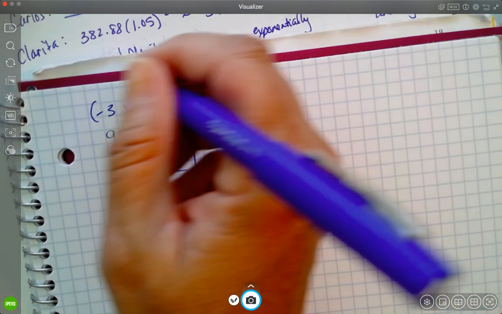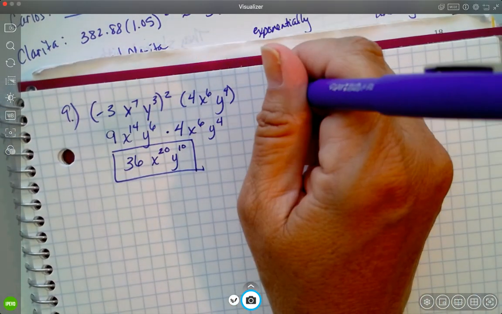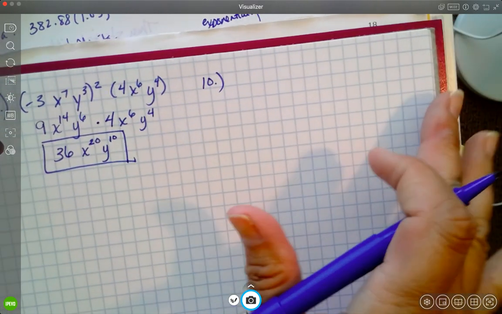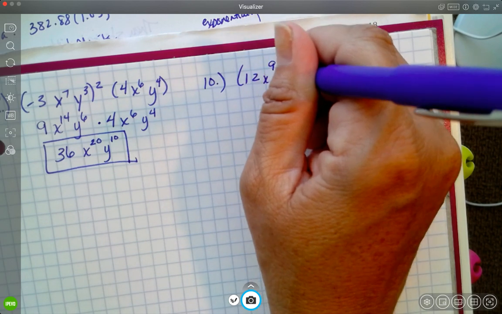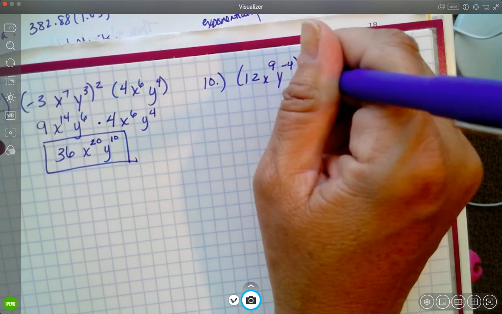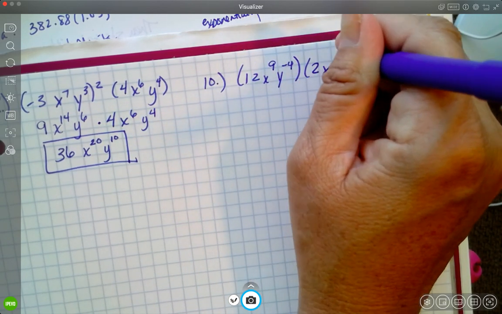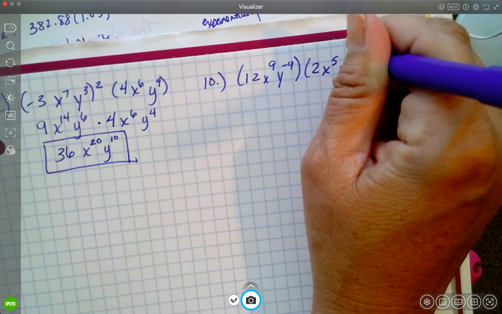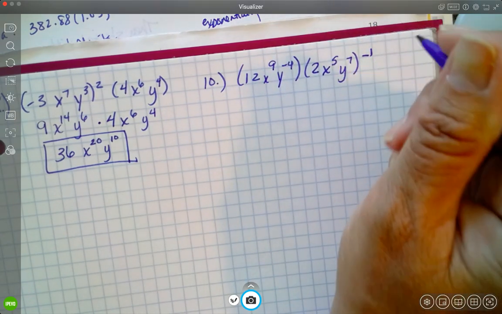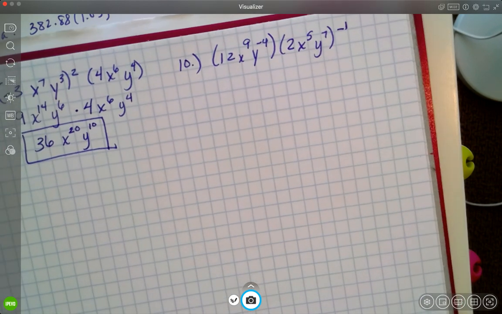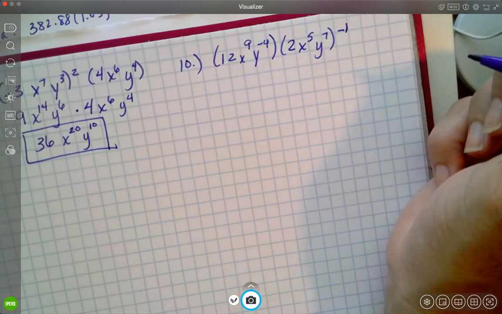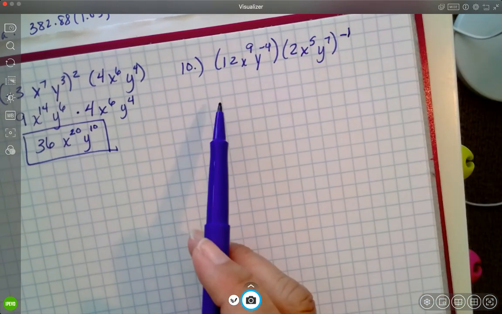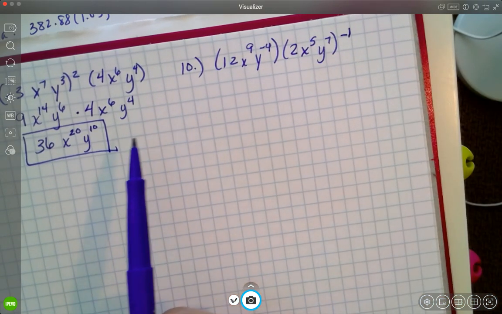Okay, number 10 is 12x to the 9th, y to the negative 4, times 2x to the 5th, y to the 7th, to the negative 1. You should be bringing fond memories of B Honors, because in B Honors, we went through all problems like this.